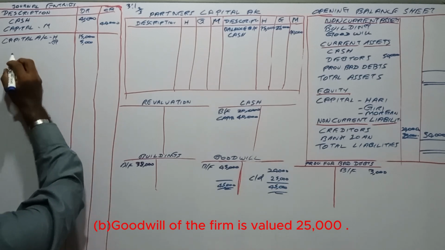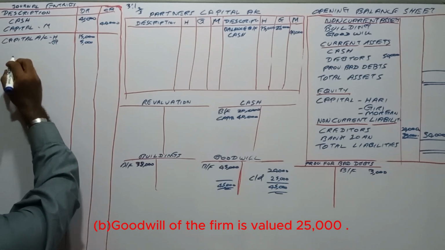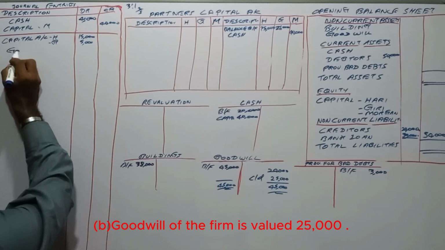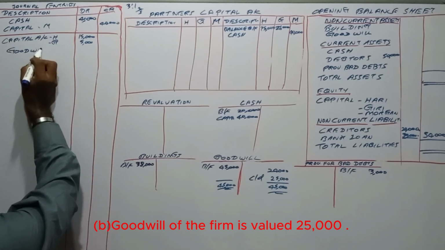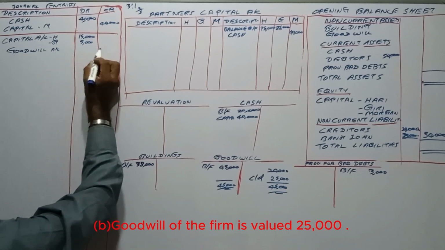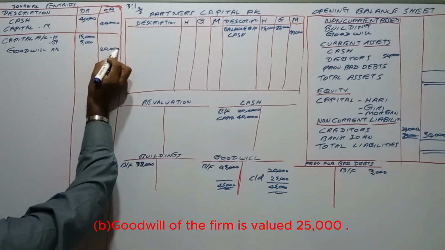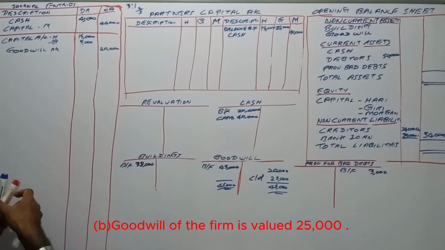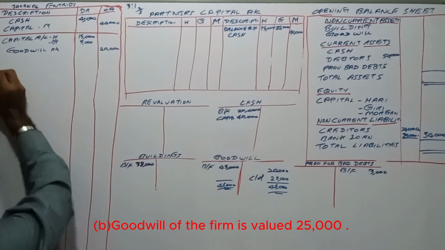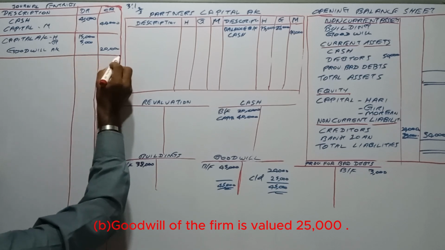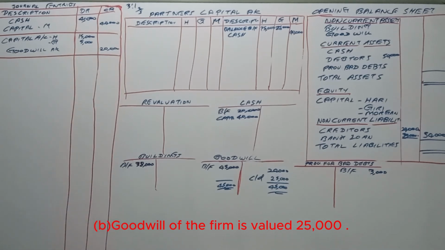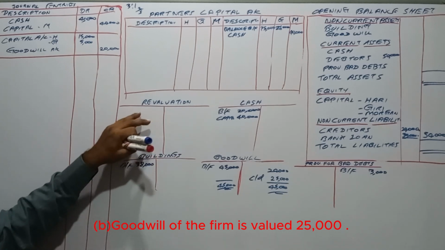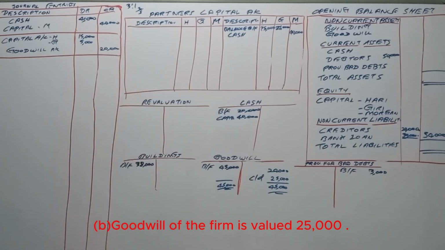The goodwill account is going to be credited with 20,000, being decrease in the valuation of goodwill. Otherwise, we could go to the revaluation account, but not the revaluation account here. We just go to the partners' capital account.